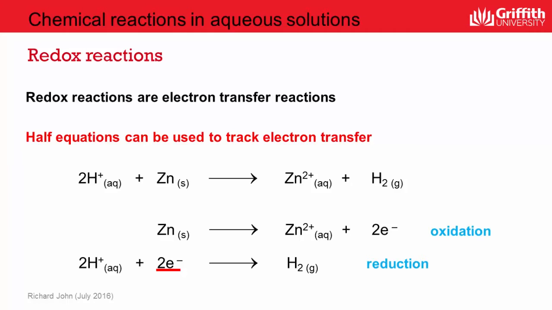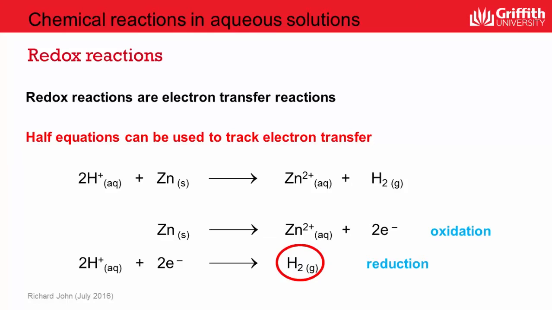Again, we can see the half equation for the conversion of H+ ions to H2 is both mass balanced, we've got 2 H's there and 2 H's there, and charge balanced, a total of 2+ plus 2- is 0 on the left-hand side, and 0 on the right-hand side as well.